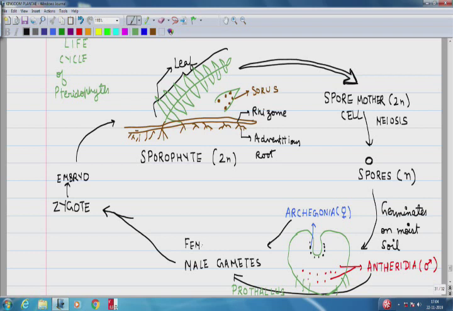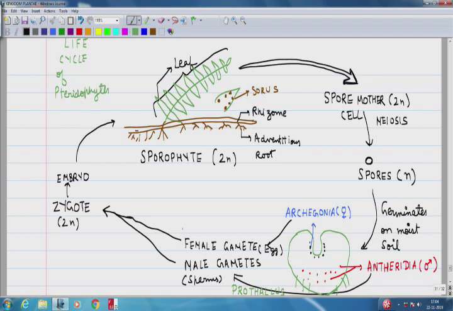Female gamete is called egg. Egg is fused with the sperm and forms a zygote. Look, zygote will be 2n.